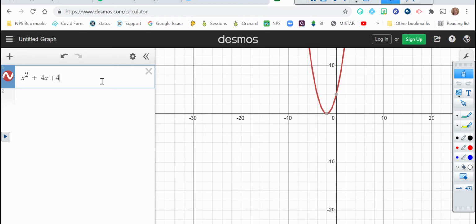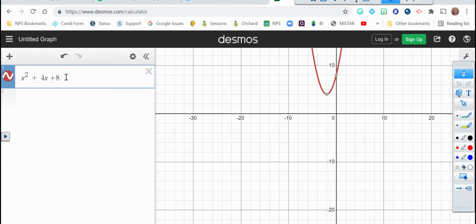Now let's take a look at example 3, where we have x squared plus 4x plus 8. If you notice, it doesn't cross the x-axis, which means we don't have a solution here. So in this case, our answer is no real solutions because it does not cross the x-axis.